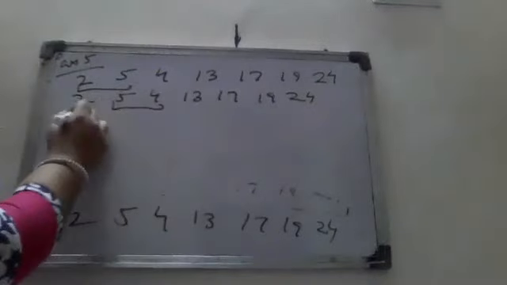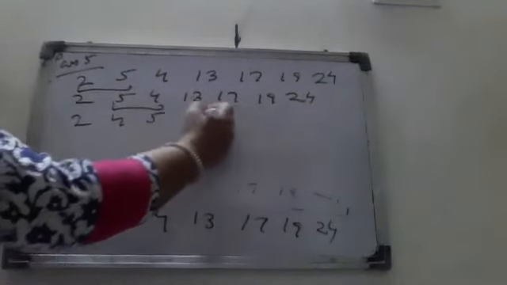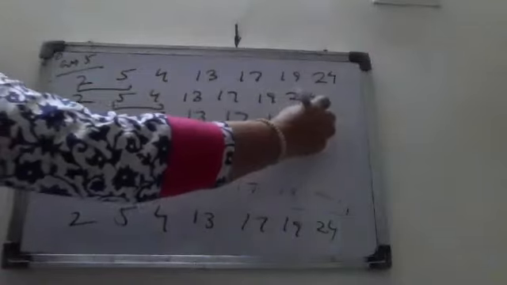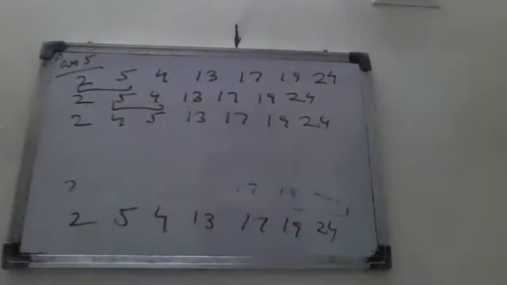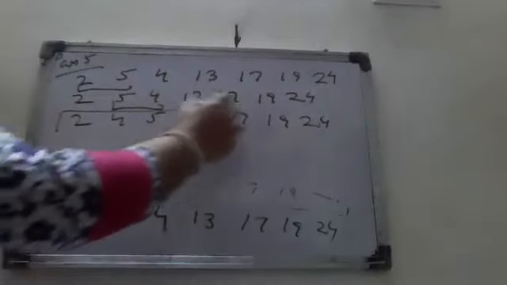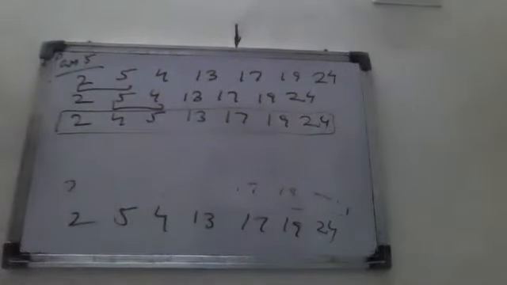Then we will swap this: 2, 4, 5, 13, 17, 19 and 24. Now just see this thing. The answer is in sorted order. So in this way, in 5 passes, in 5 iterations, we get the answer. This is the method of solving the values in bubble sort.